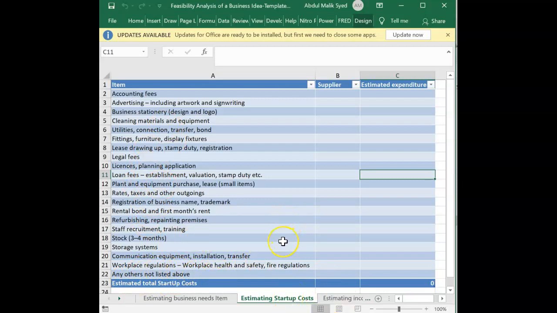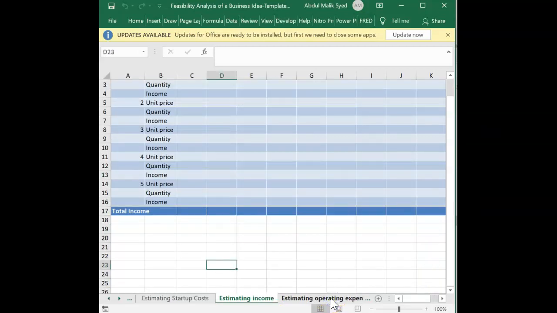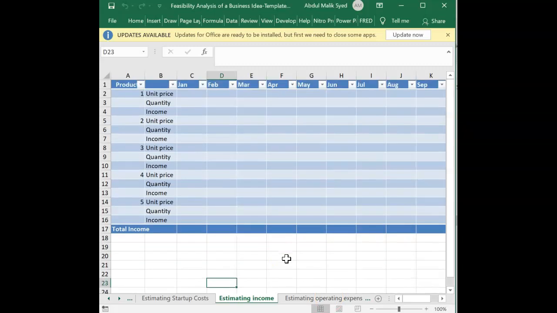Once you have the total investments you need to put in as part of the business venture, then you need to talk about how you are going to get the income derived from this business. This template will talk about month by month business income, depending on what products you are offering. I have given provision for 5 products, the types of products you can come out with.